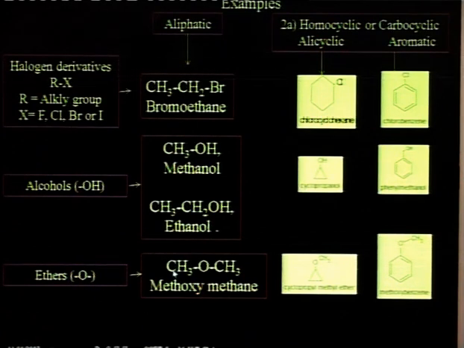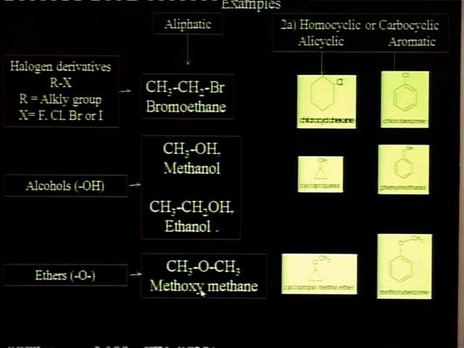Here there is a methyl group and here is a methyl group, these together will make an ether. So, methoxyethane, cyclopropyl methyl ether and methoxybenzene are the examples for aliphatic, alicyclic and aromatic.